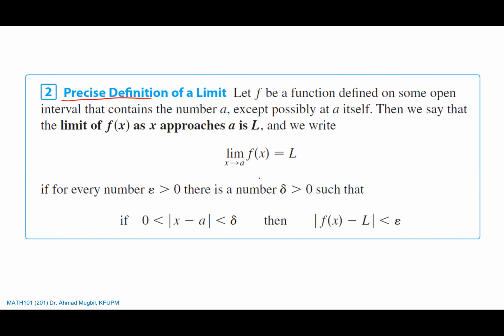If for every epsilon greater than 0, there is a number delta, also a small positive number, such that if the distance between x and A is less than delta, then the distance between f and L is less than epsilon. This is the precise definition. So our task is to find that there is a delta. Our task is to find what this delta is.